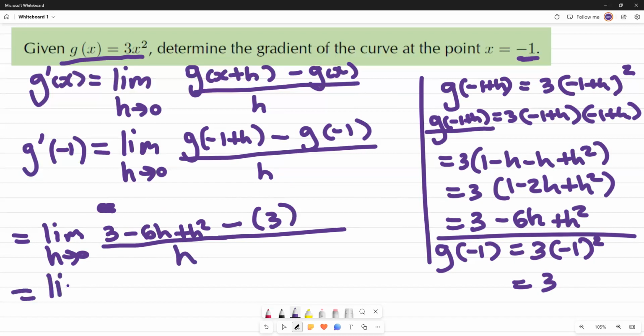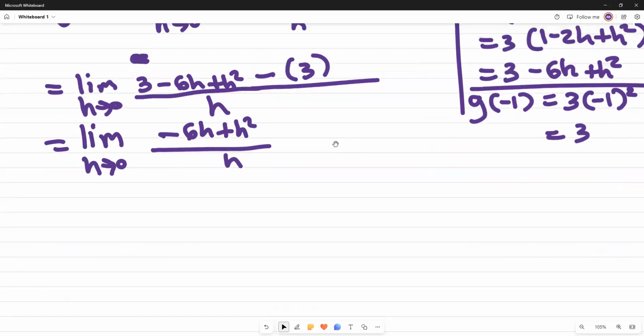Then we have limit as h approaches 0. You can see that this 3 will cancel with that 1, right? So you're left with minus 6h plus h squared over h, right? And then, ladies and gents, in this case, we still cannot substitute as per discussions in our lesson 6.1.1 about limits.